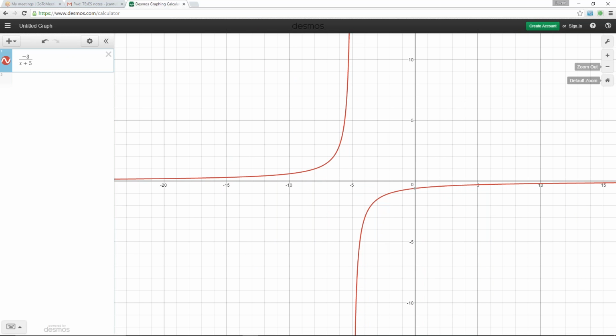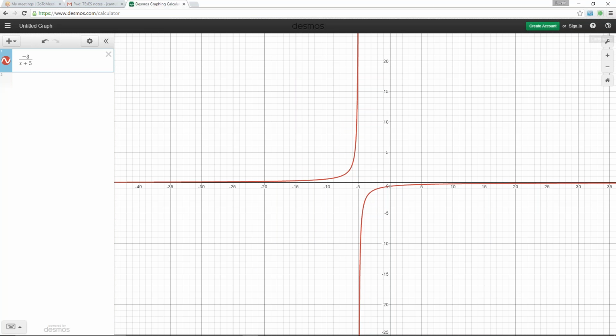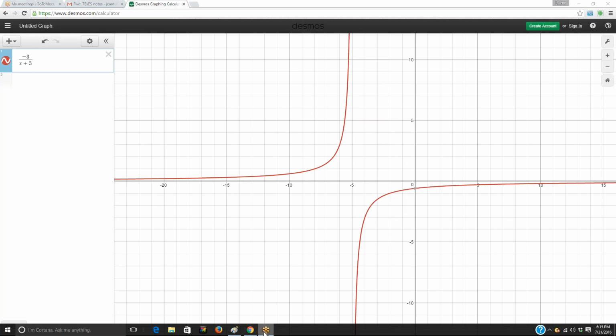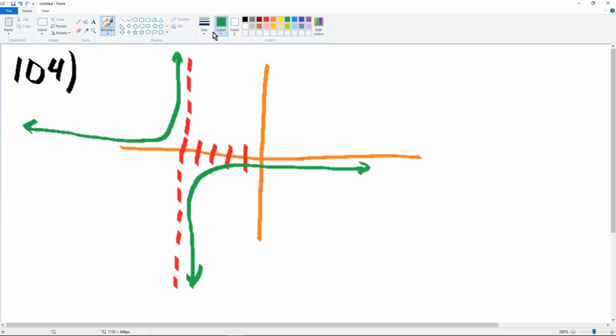Yep, looks like it, right? Here's that -5, here's this branch over here, and here's the other branch going this way. So it's telling you what is the limit of that picture as it approaches 5 from the left-hand side.